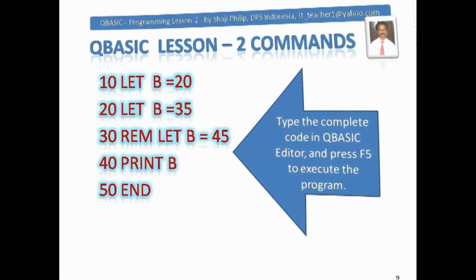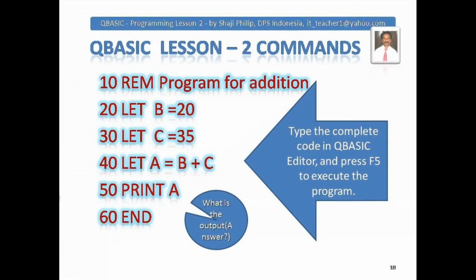This is another short program, rem program for addition. This program is for adding two numbers. In statement 20, we are assigning let b equal to 20, and in the next statement we are giving c equal to 35, and let a equal to b plus c, then print a.